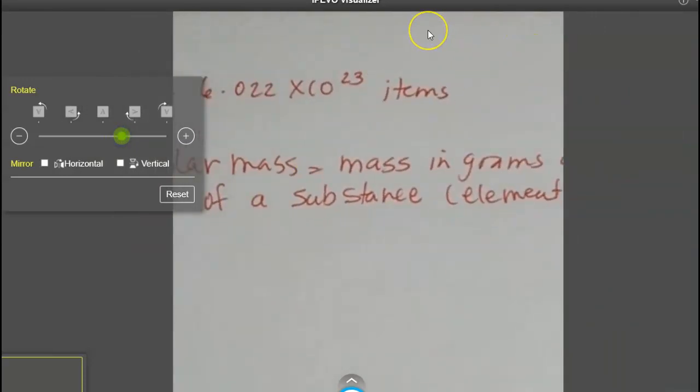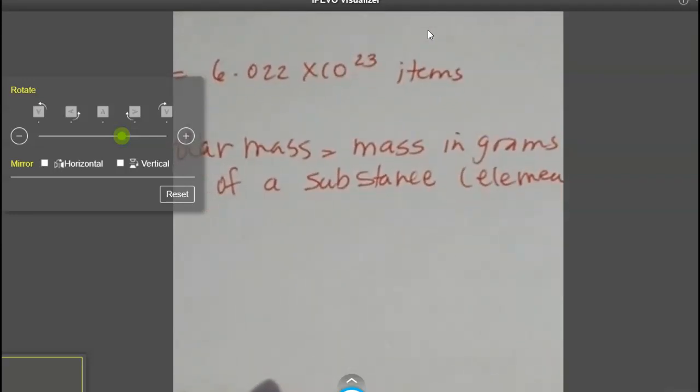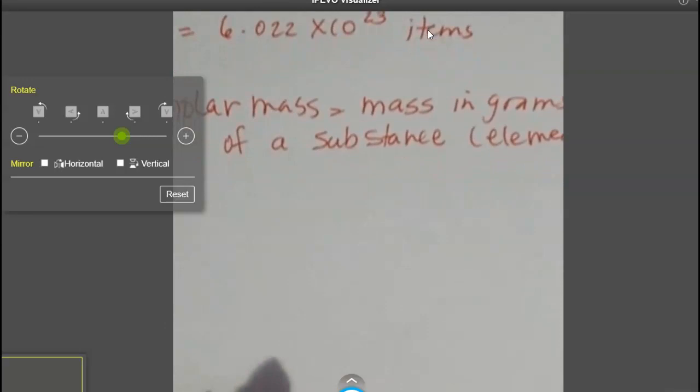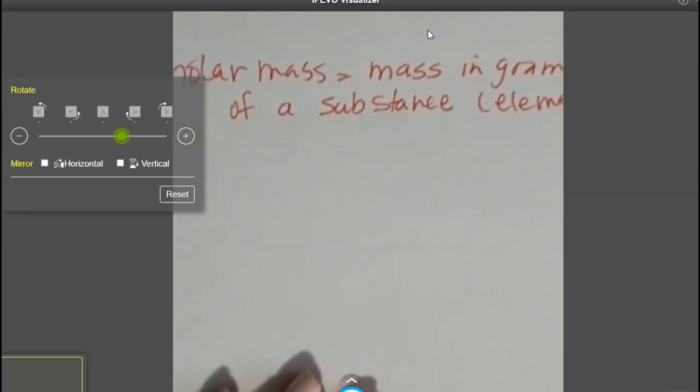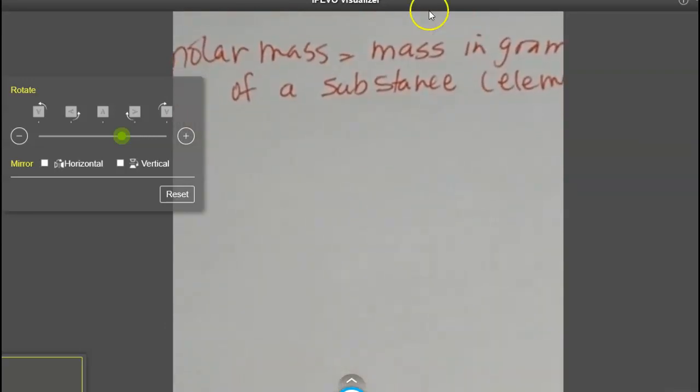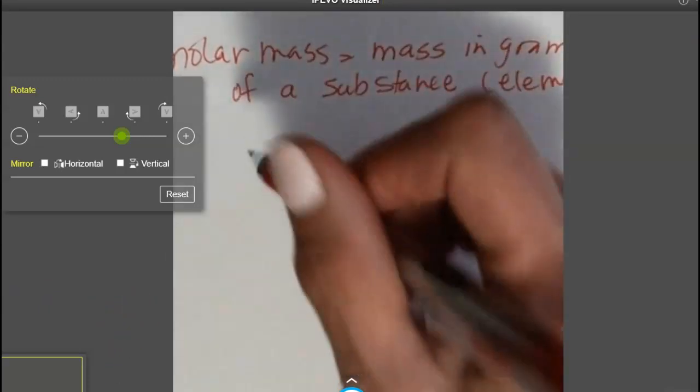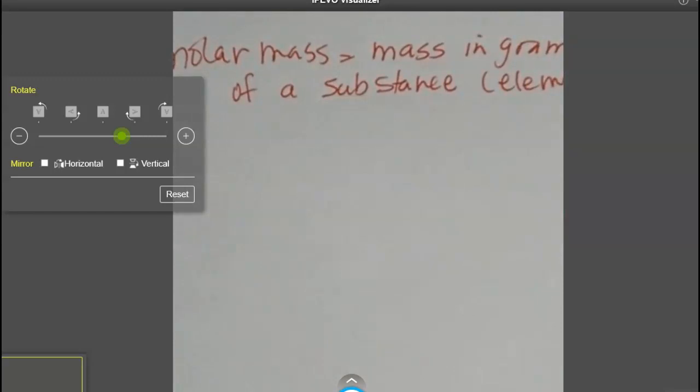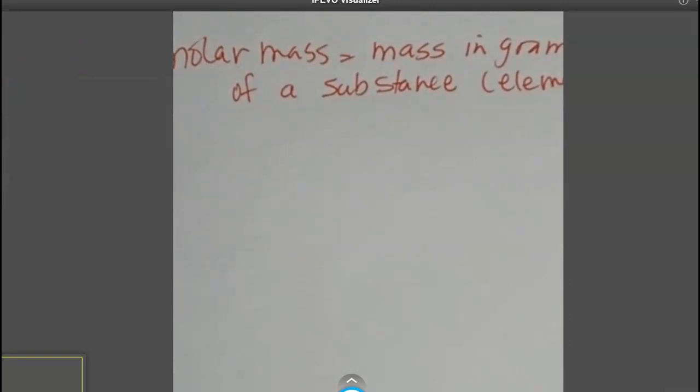There we go. Okay, let's try this. Like I said, my document camera is a little bit different, so let's give this a shot.